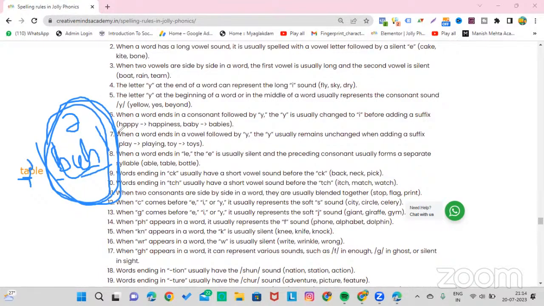We don't say that. अगर हम टेबल बोलते तो क्या होता? हम अगर टेबल बोलते तो ये बी को डबल होना पड़ता। क्यों होना पड़ता? क्योंकि एक बी तो एल ई लेकर ही जाता अपने साथ। एल ई को एक बी अपने साथ लेना पड़ता और फिर वो हो जाता टैब, क्योंकि वो सीवीसी क्लोज्ड एंडेड है, राइट। बट वो टेबल नहीं है, वो टेबल है, क्योंकि हमारे पास टू बीज नहीं है। So we have given this B to LE, and so TA remains open, and when it is open it is a long sound and not the schwa sound, right?